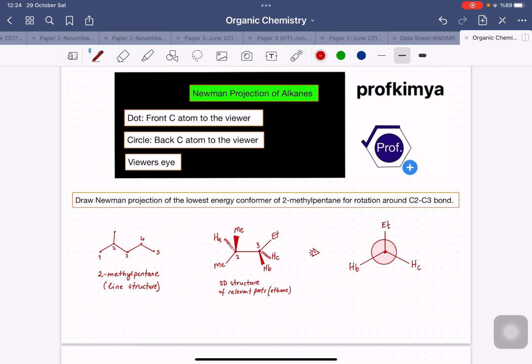Viewer this time will see the methyl downward. This is this methyl.